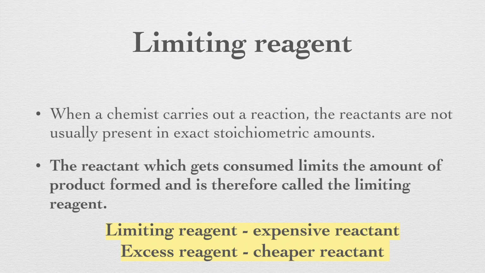The lesser quantity, the expensive reactant, will be fully consumed to convert into product. Once that reactant is completely used up, the reaction will stop, and therefore it is said to be the limiting reagent. The other one, which is taken in excess, the cheaper reactant, is the excess reagent.